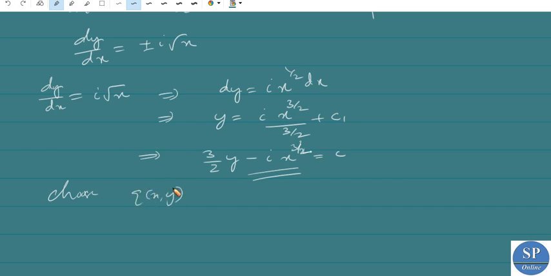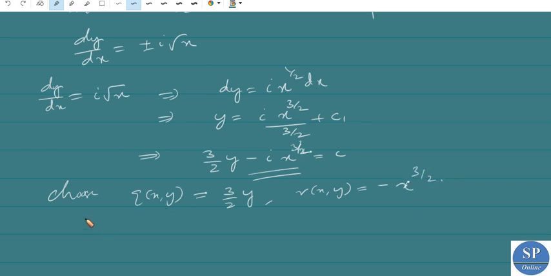In this problem we need to find q and r. So q of x,y is equal to the real part, that is 3 by 2 into y, and r of x,y is the imaginary part of this phi, which is minus x power 3 by 2.